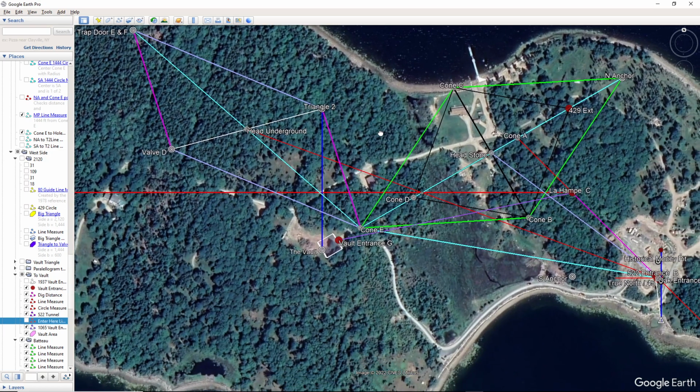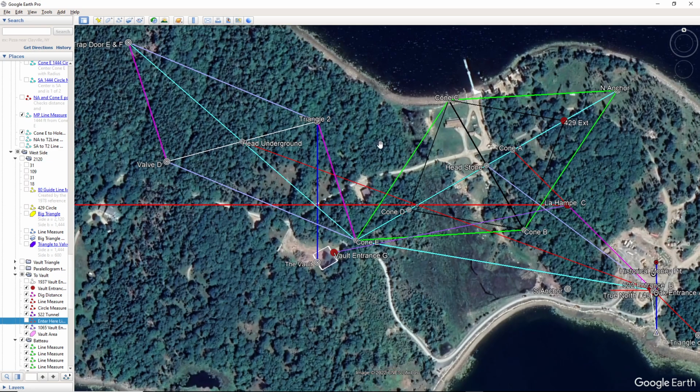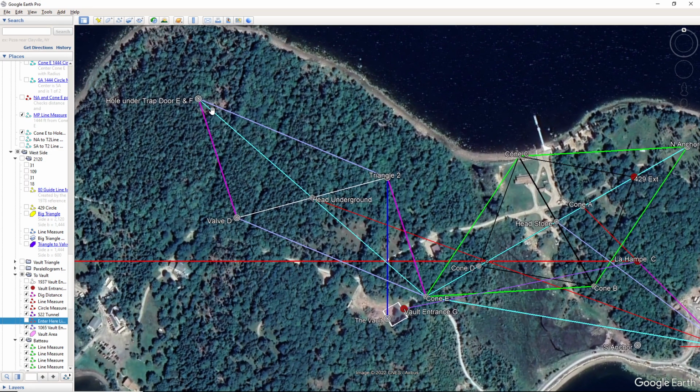But what I'm going to show you today is that if you notice these two shapes, this is Nolan's Cross, extended from Cone E to the North Anchor, which is 1,444 feet from Cone E. But from Cone E to the hole under the trap door is also 1,444 feet.